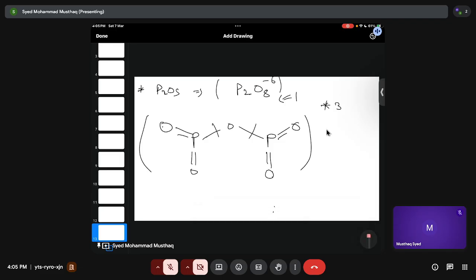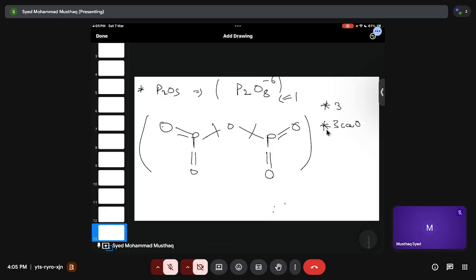I cannot draw it here. I'll get the image in the next session, and I can show you the 3-dimensional structure. So you need 3 calcium oxide to completely neutralize it, and the same goes for aluminum oxide. You need 3 as well.